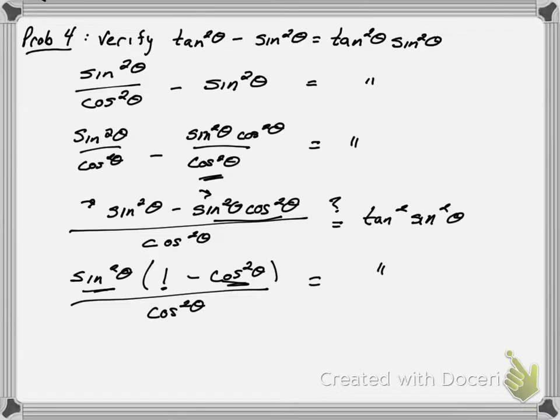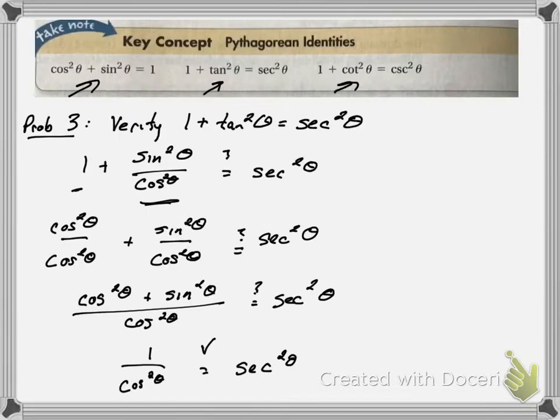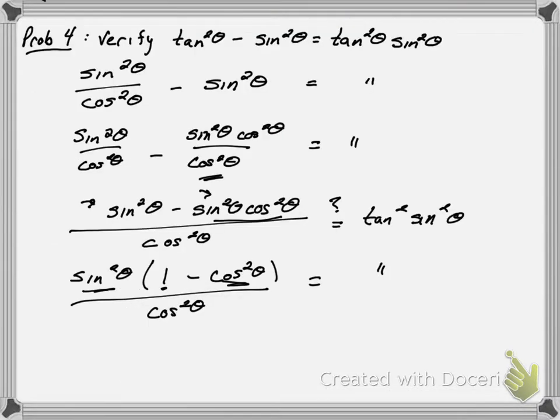Well, what's 1 minus cosine squared theta? If we go back a page, 1 minus cosine squared theta is just going to be sine squared theta. Which is kind of weird, I get it, but it's what it boils down to. So you get sine squared theta times sine squared theta over cosine squared theta. I'm running out of room, so I'm going to take it over here. I can pull the sine squared theta out of that top.